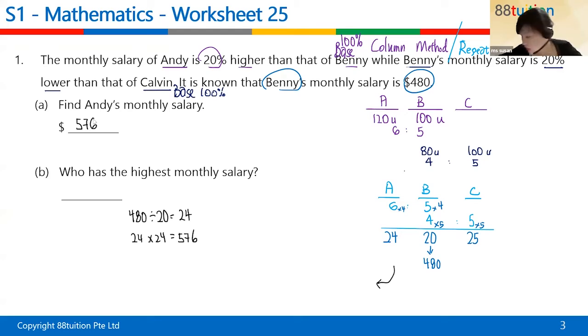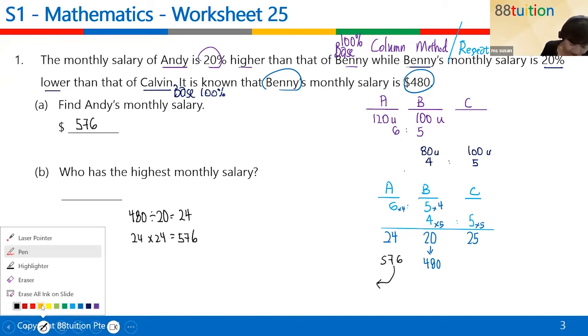Okay, next. So I have 576 as Andy's monthly salary already, so I can write down my answer: 576 for A. Now part B, he wants to know who has the highest salary.